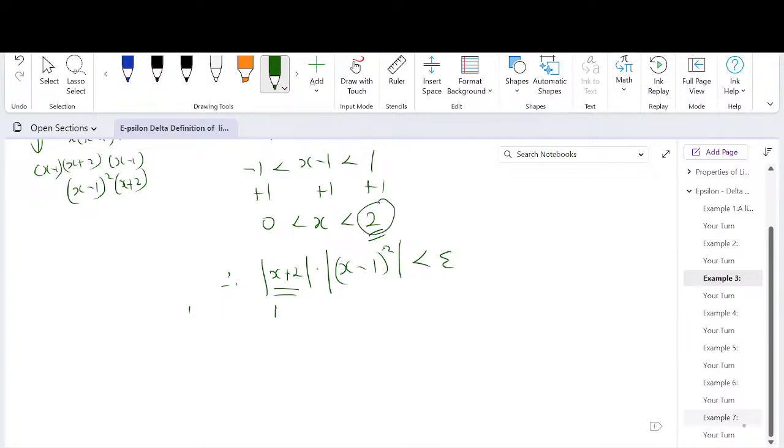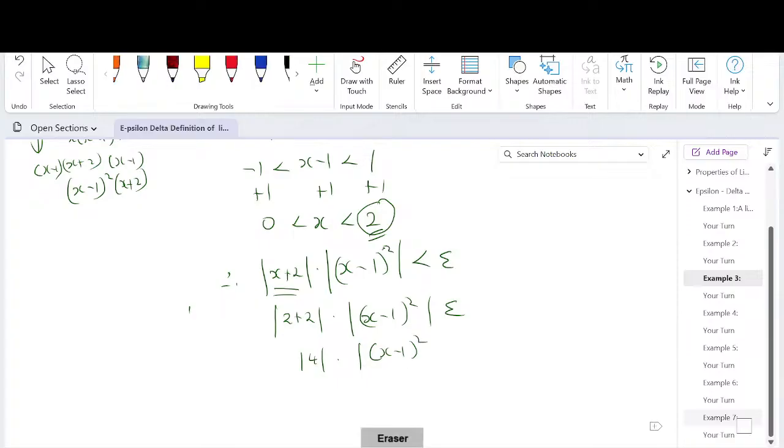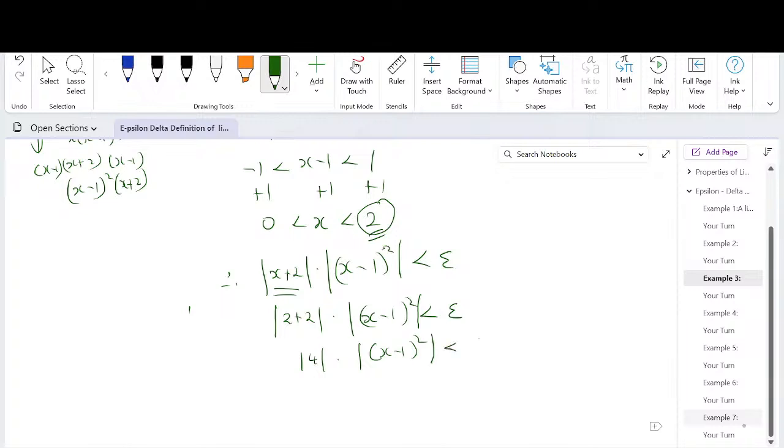So this will be the absolute value of 2 plus 2 — you're not substituting for this one, x minus 1, this is delta — so this will be the absolute value of 4, and the absolute value of x minus 1 is less than epsilon.